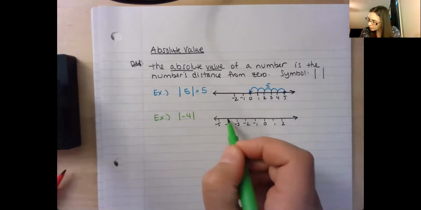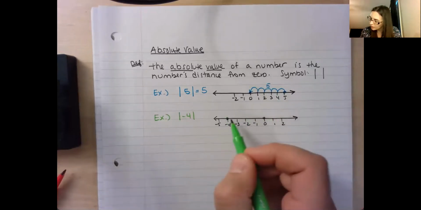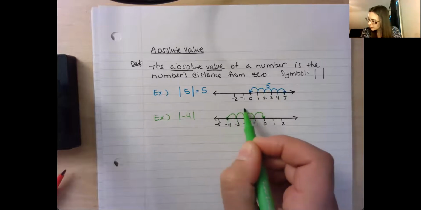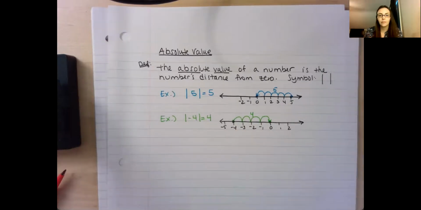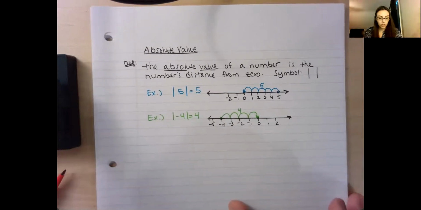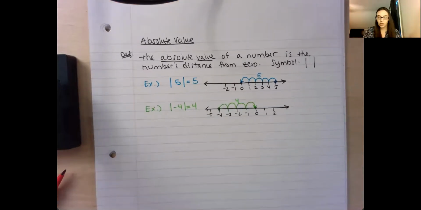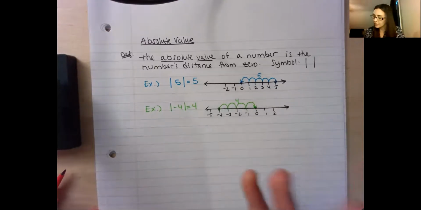So here I am at -4, and the definition is that is the distance to 0. So if I count up, I go 1, 2, 3, 4 units to get to 0. Now, I encourage you to try a few more examples here, and hopefully you will see the pattern. And what you want to notice is that your distance is always positive. So distance is not negative. Distance is always a positive idea.